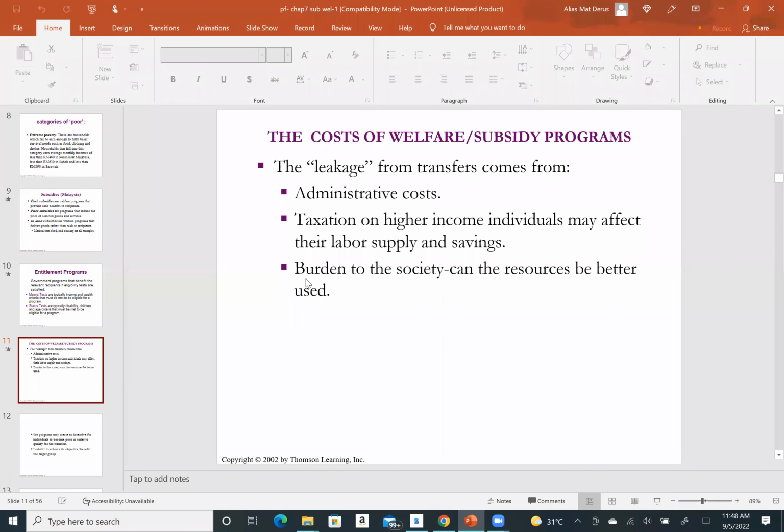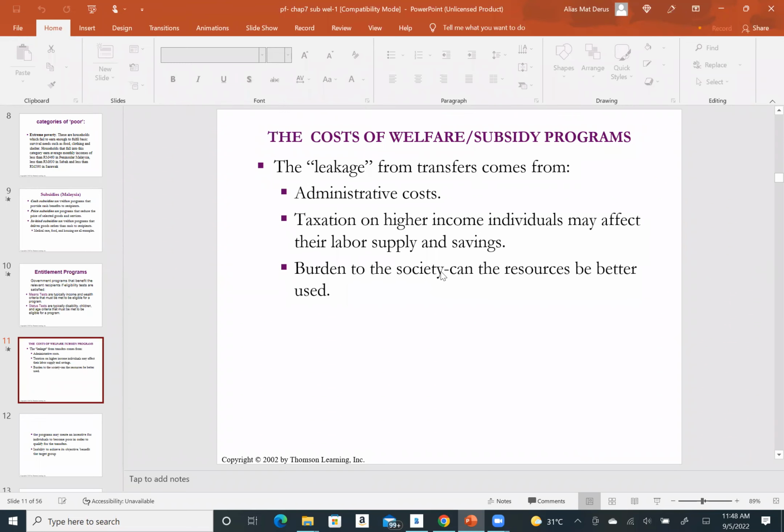Number one, that is a burden to the society. The burden is considered as the cost plus something extra, a burden to the society.